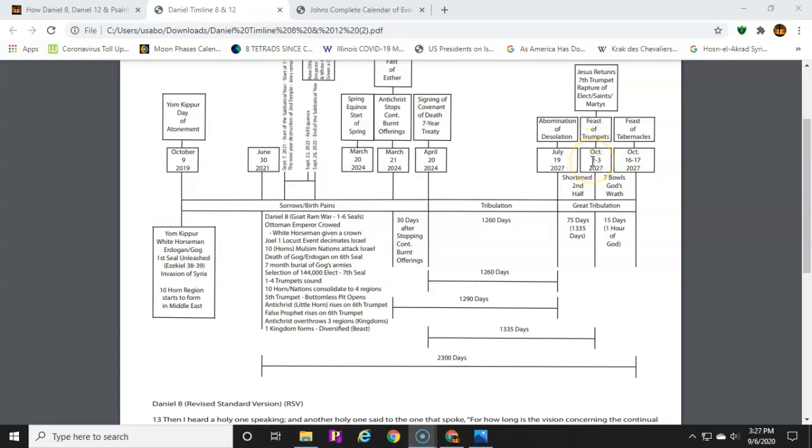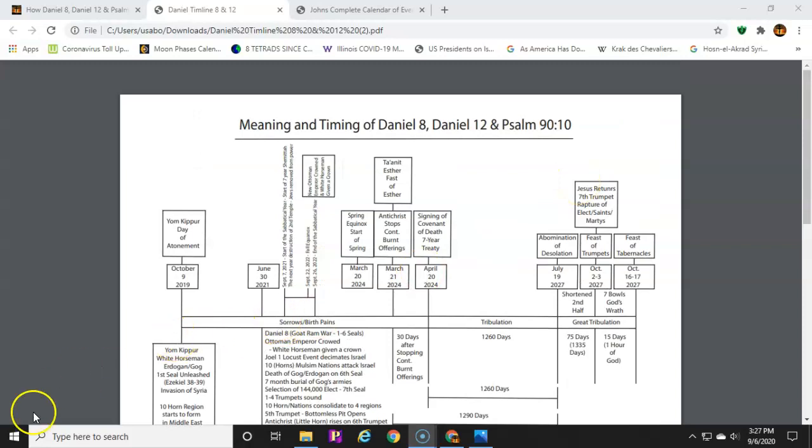I think it will probably happen on the second day of the event, or actually the first day or the second, because if you take it from the 2nd to the 17th, or those 15 days of God's wrath, and then you get to the Feast of Tabernacles, you have Yom Kippur right before this, in the middle of all this, which is the Day of Atonement, you're going to start to see this pattern form.